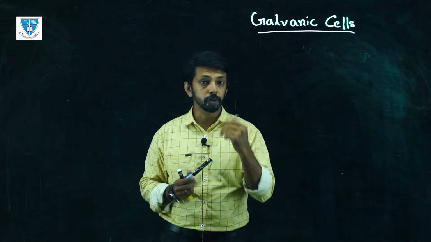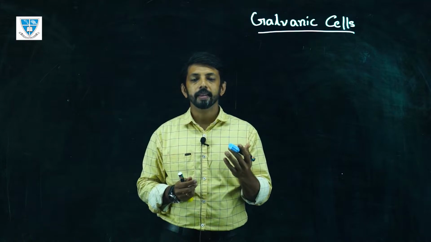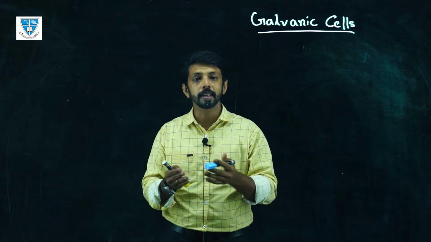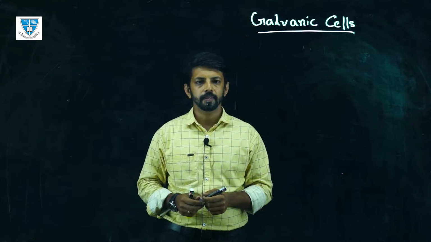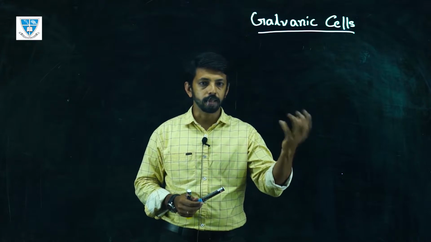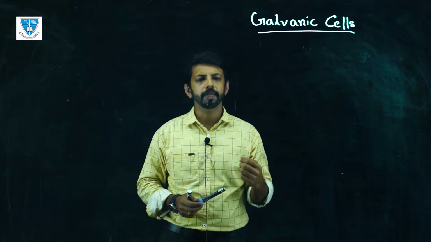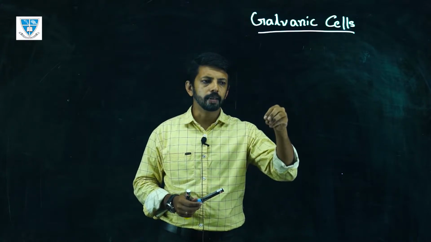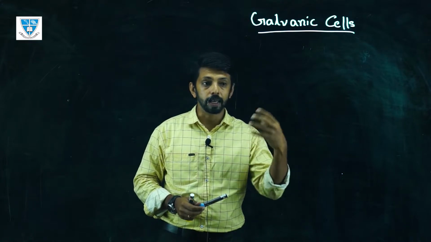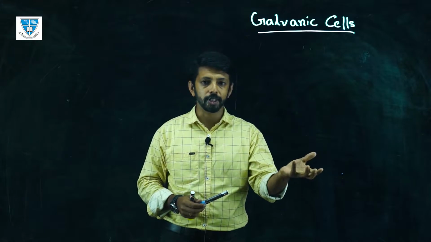So I have to ask another question. What is the difference between a galvanic cell and a generator? Or is a generator a galvanic cell? In a generator, hydrocarbon, that is petrol or diesel, is burned. That means an oxidation is happening, a chemical reaction is happening.